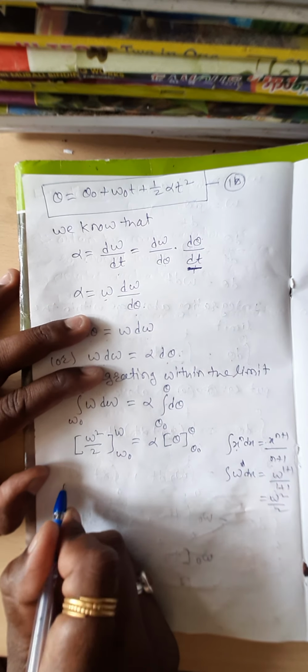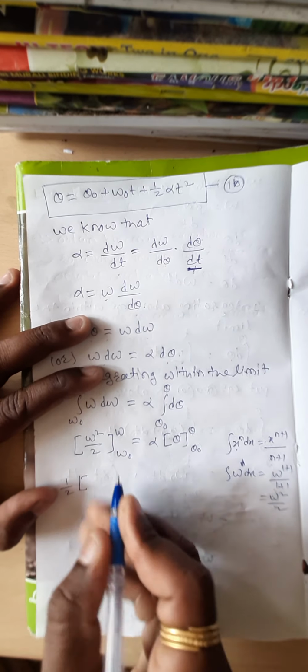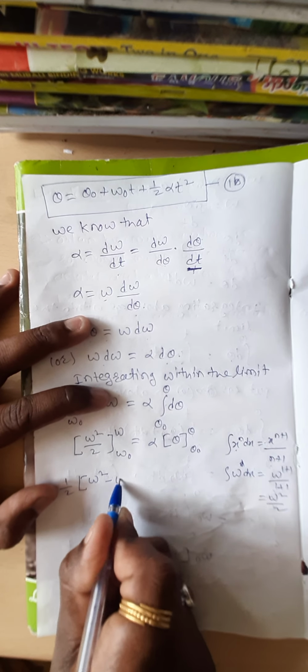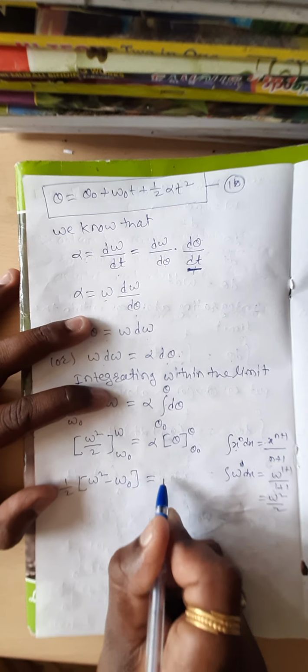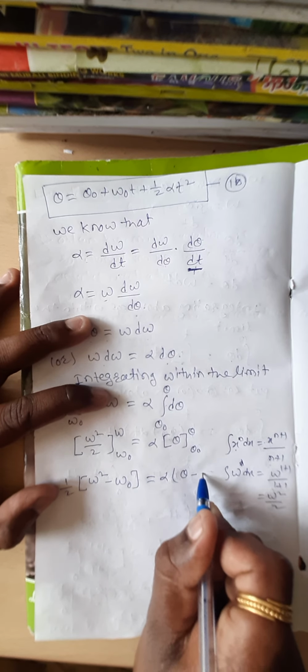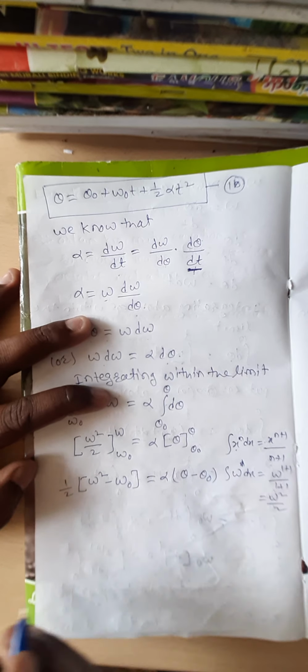Now we take the half outside, then first put the upper limit omega square, then minus the lower limit omega naught square, is equal to alpha times, first put the upper limit theta, then the lower limit, theta minus theta naught.